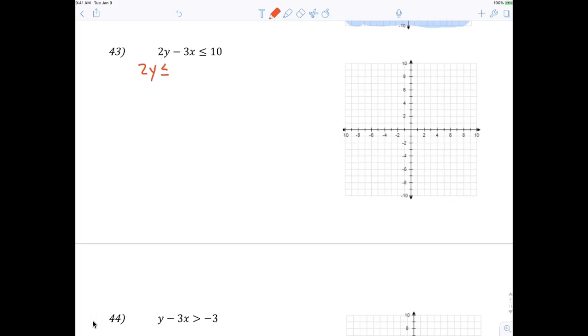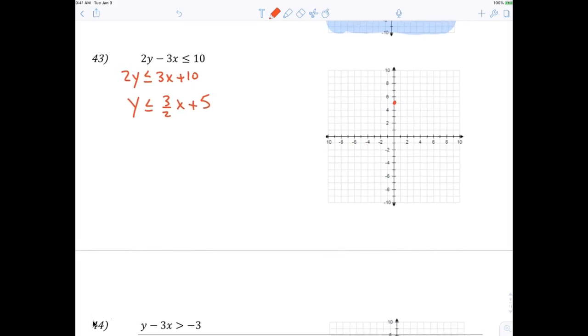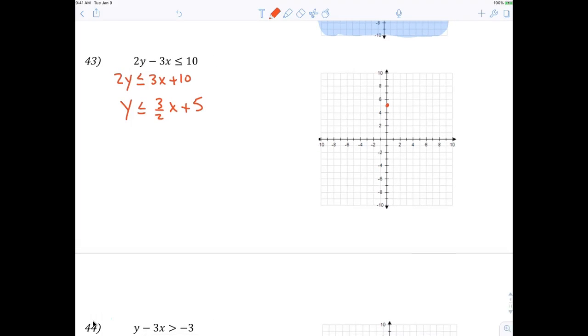2y is less than or equal to 3x plus 10. Remember, I try to keep the x first. So now I have y is less than or equal to 3/2 x plus 5. From here to graph, I go what? Up 5. From there, up 3 over 2.